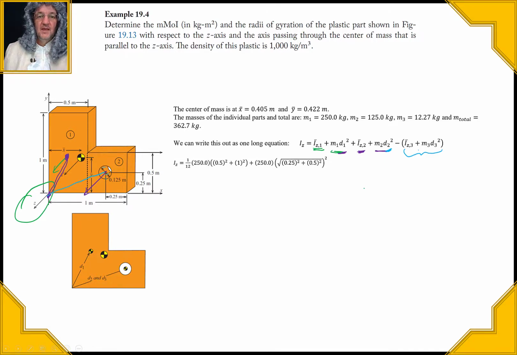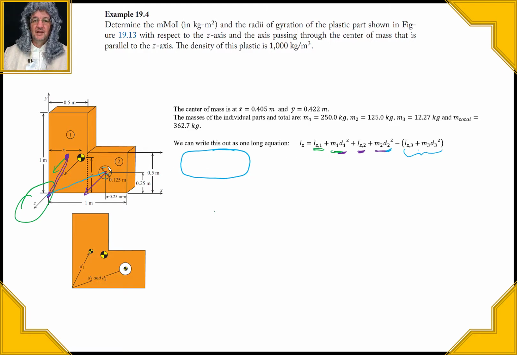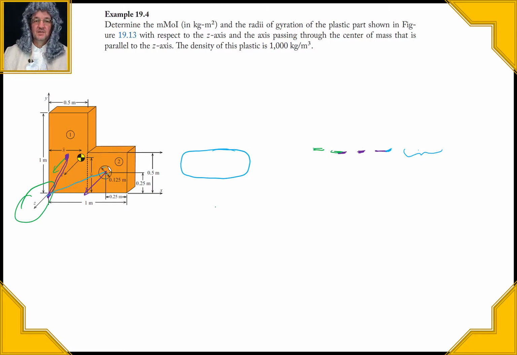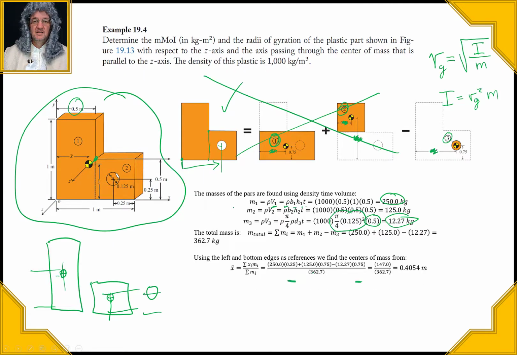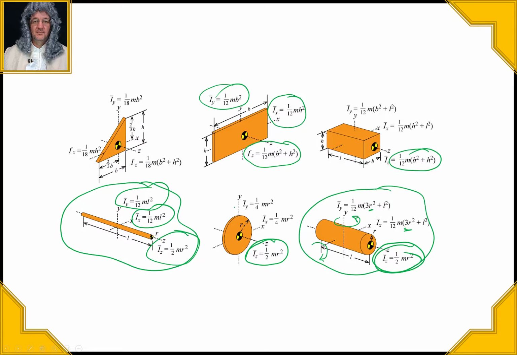So what we want to do here is find the mass moment of inertia for a block. We could go all the way back to the thing, or we could look it up right here. I guess I'll just go back. There you go. So for a block, you can see it's about any of these axes right there.